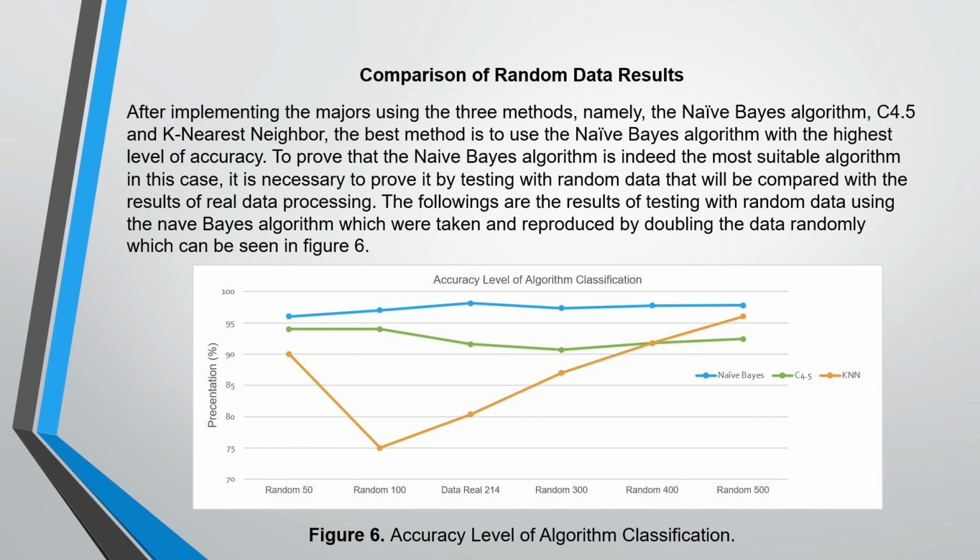The following are the results of testing with random data using the Naive Bayes algorithm, which were taken and produced by doubling the data randomly, which can be seen in Figure 6.